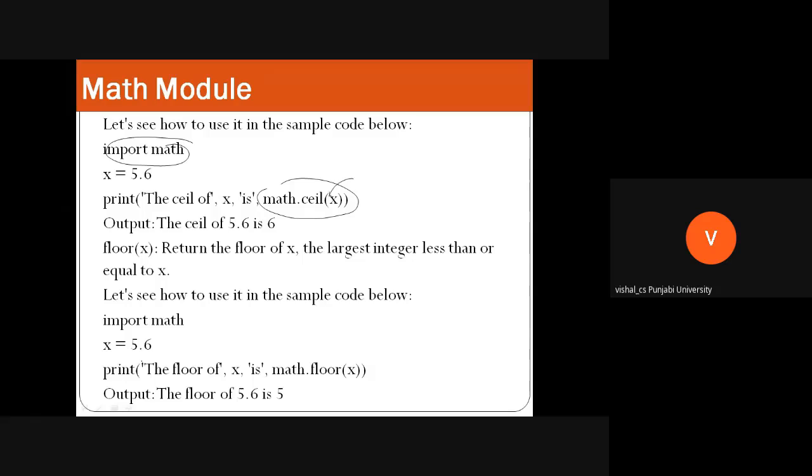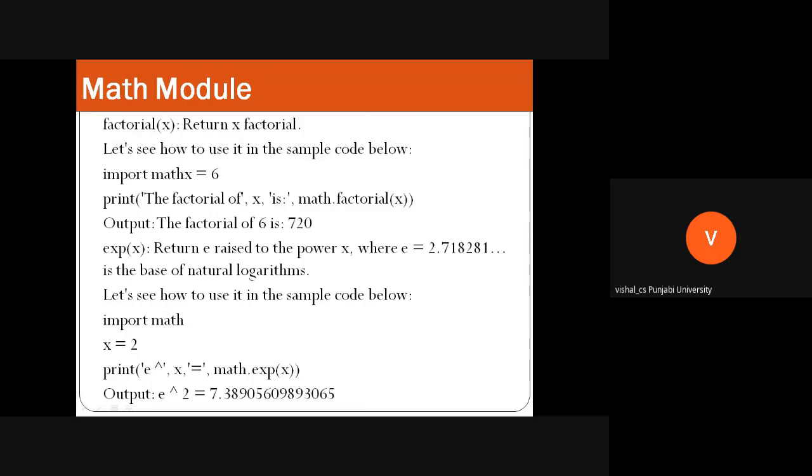Floor, so you are again importing math, and then math.floor(x). So you are calling this function. Then factorial. Again, you are importing math, defining one variable x equal to 6, and then math.factorial(x). Right.